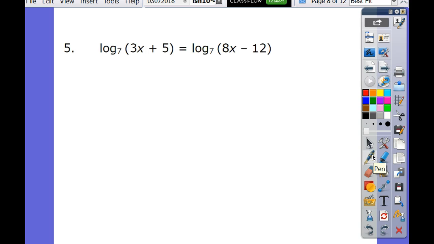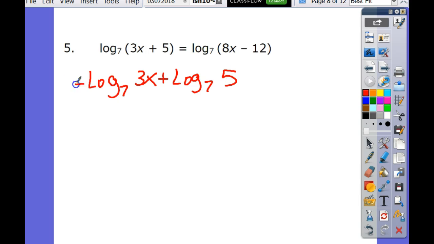It is very important that you understand that the log is not a number that can distribute. Some people want to start off a problem like this by trying to distribute the log.